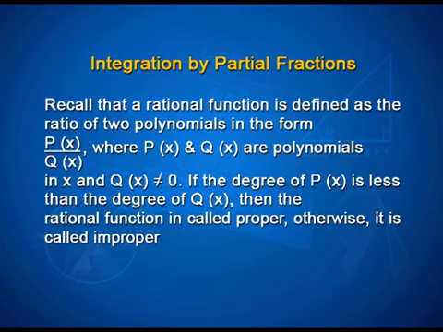If the degree of p of x is less than the degree of q of x, then the rational function is called proper, otherwise it is called improper. The improper rational functions can be reduced to the proper rational function by long division process.